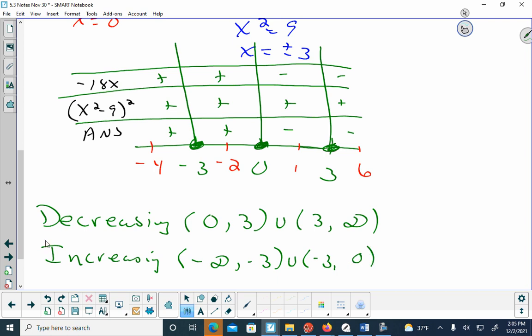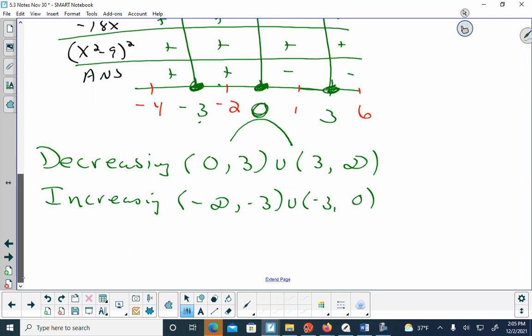Now you have 3 critical numbers I have to check for relative max or relative min. This -3, since I'm increasing and still continue the increase, is there going to be any relative extreme at -3? No. At 0, I have a change in direction. I'm increasing and then I start decreasing. So 0 is a relative max.